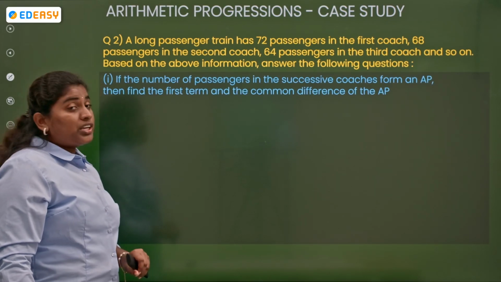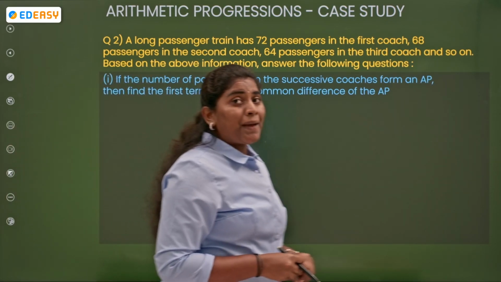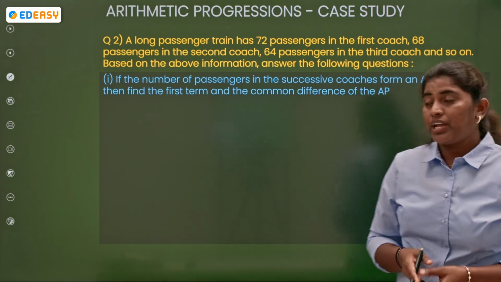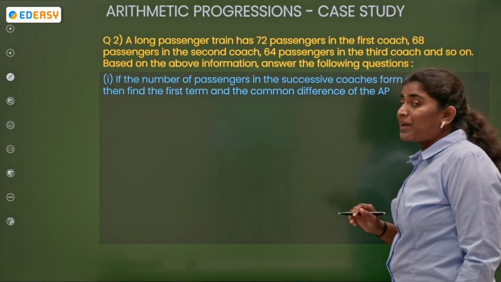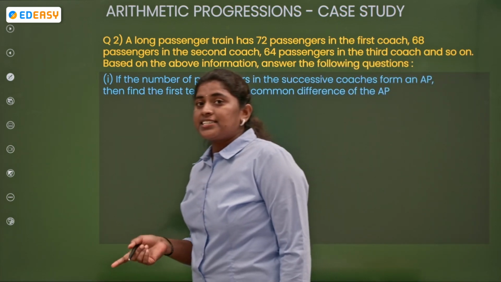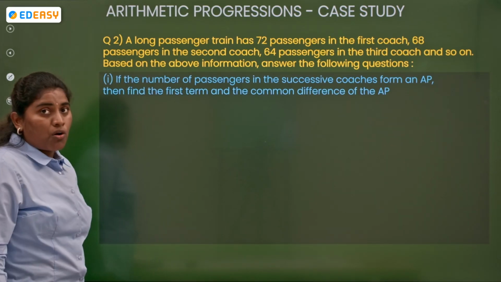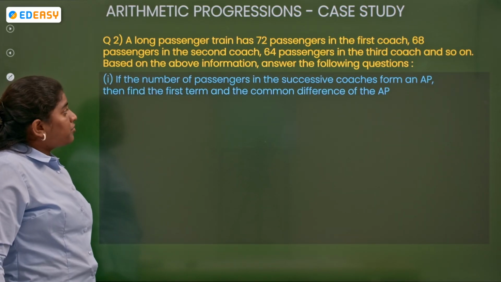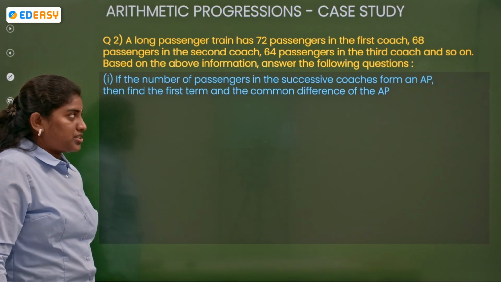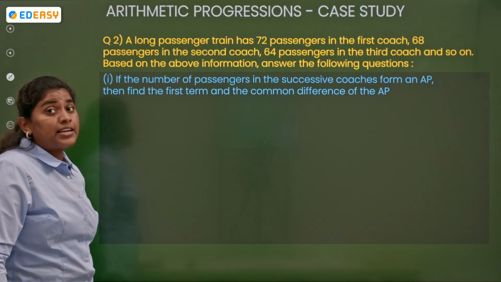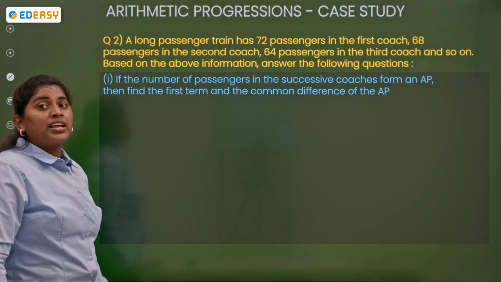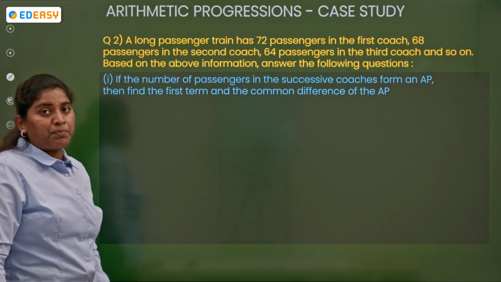Now, moving to the second question. A long passenger train has 72 passengers in the first coach and 68 in the second and 64 in the third and so on. Now, based on the above information, answer the following questions. First question: the number of passengers in the successive coaches form an AP.